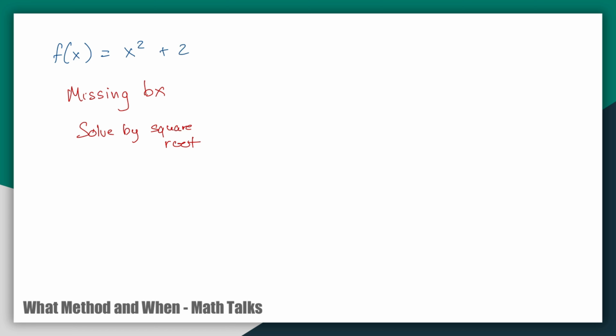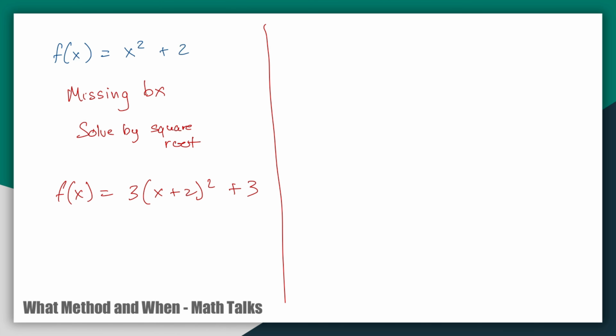Very important. Missing bx, and also if you see something in vertex form. Vertex forms are really good for solve by square root, okay? Now we could convert vertex form to standard form, but why? Just solve by square root, okay?